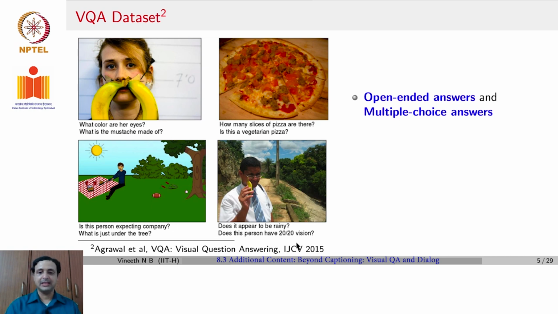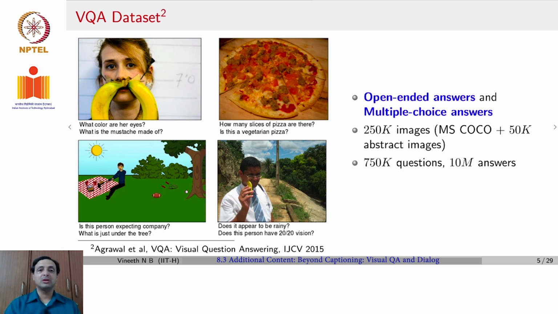So this VQA dataset has about 250,000 images, which is obtained from a dataset known as MS-COCO. MS-COCO stands for Microsoft Common Objects in Context. And this dataset was developed for the image captioning task. That dataset is extended for the VQA dataset plus about 50k abstract images such as these.